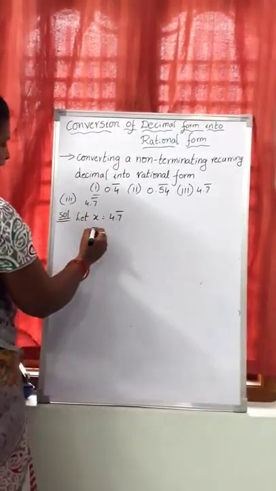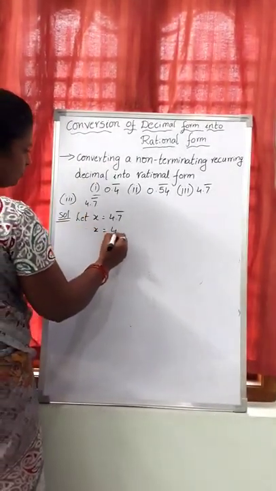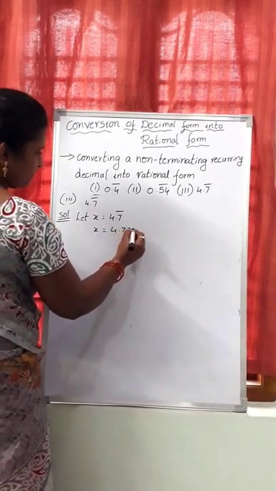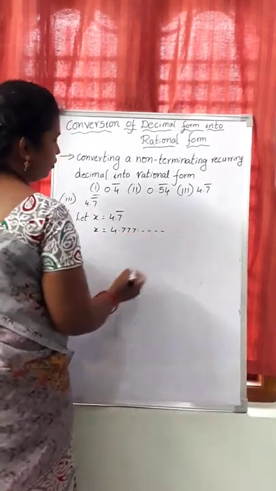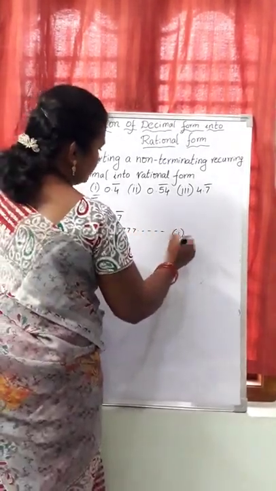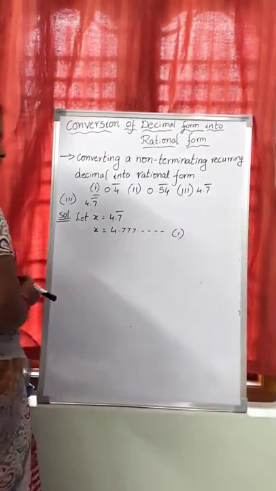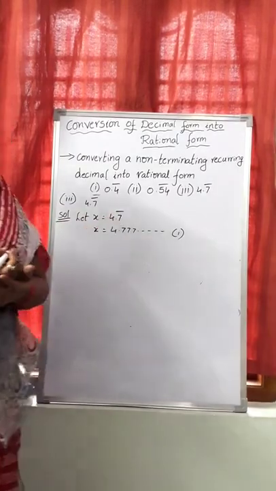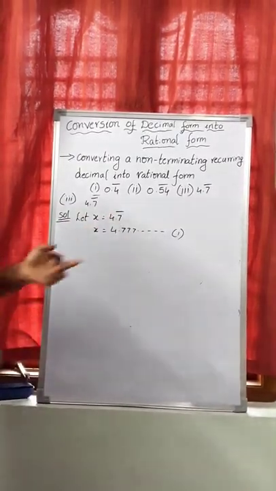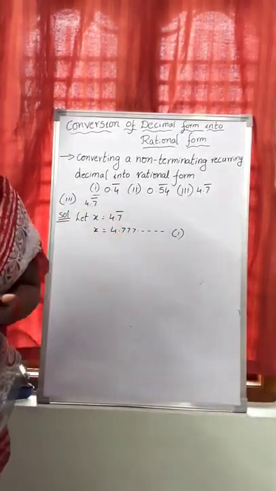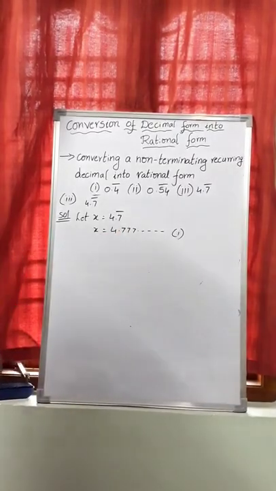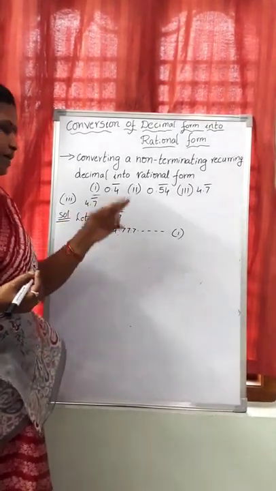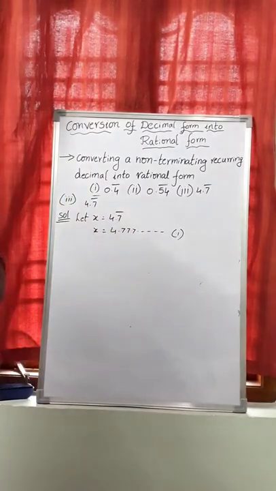And we have to write in the expanded form 4.777 and so on. Let us take it is the first equation. And here in the decimal part, how many digits are repeating? That means what is the periodicity of this non-terminating recurring decimal? Here also the periodicity is only 1.